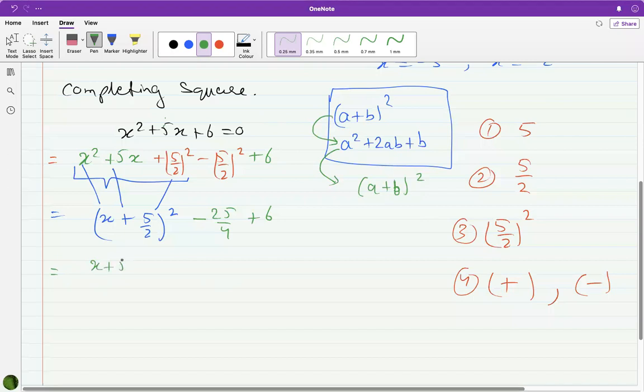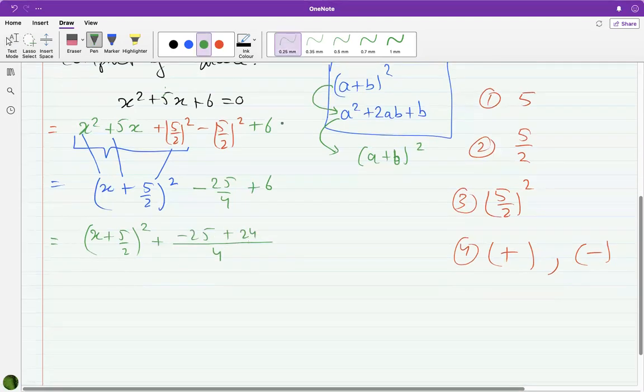Further simplifying, x plus 5 by 2 whole squared. I'm using calculator here. I'll just show all the working. 4 minus 25 plus 24, and this was all equal to 0.